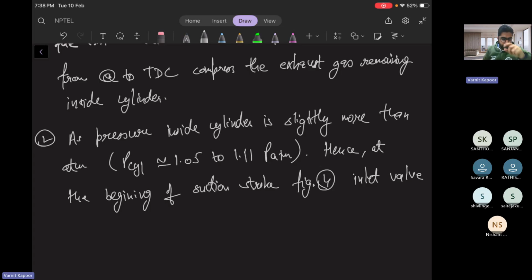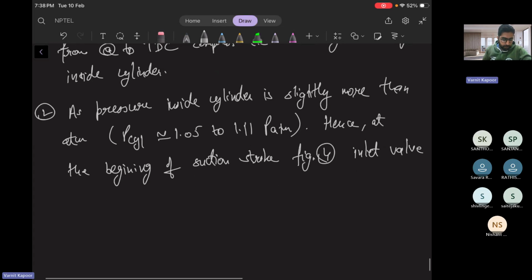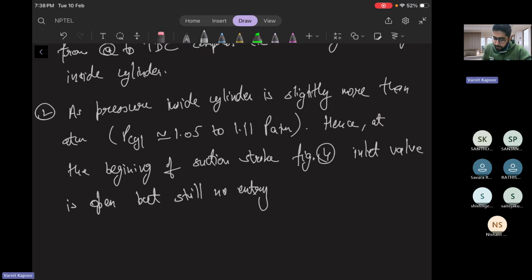In figure 4, the inlet valve is open, but still no entry of fresh air fuel mixture, AFM.